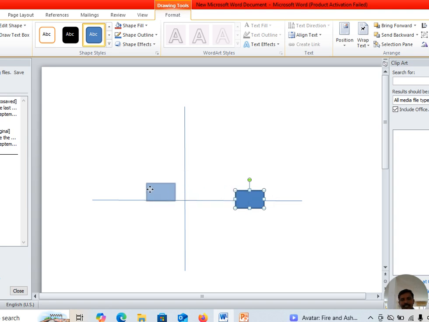If the object is here, the object is on the HP and behind the VP. If the object is here, the object is below the HP and in the VP. If the object is here, the object is above the HP and in the VP.